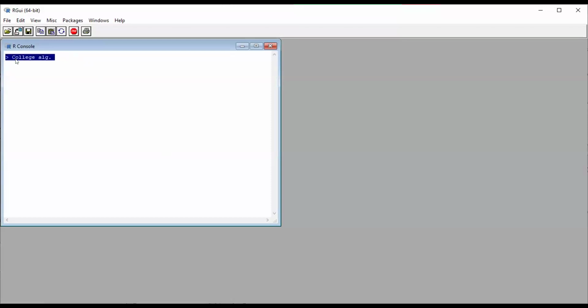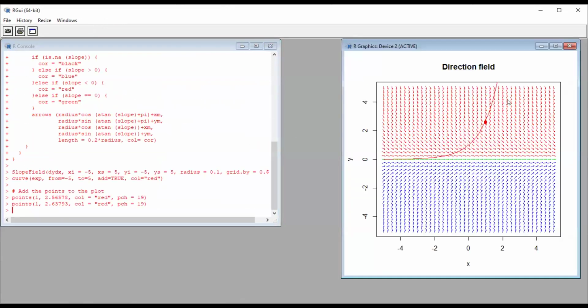Let's see. You find it. It's not college algebra. Remember, this is not to go through these details. They are more for understanding the connection.